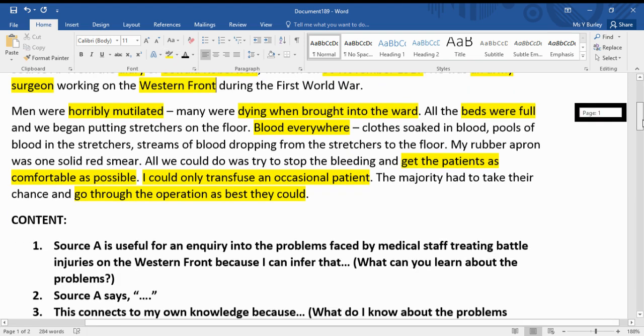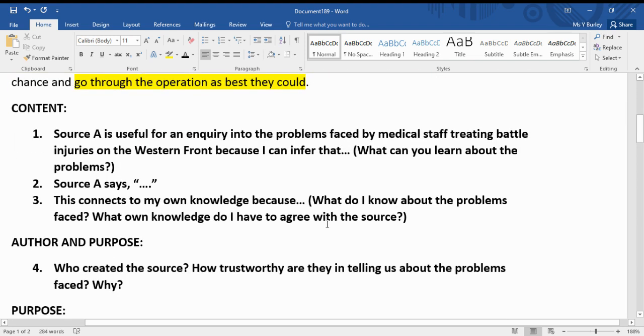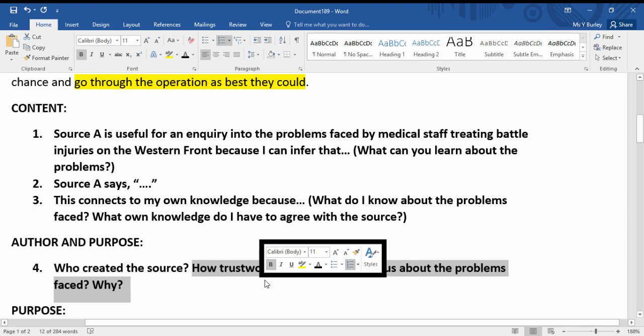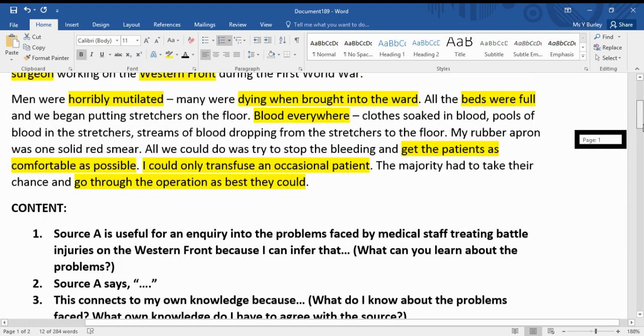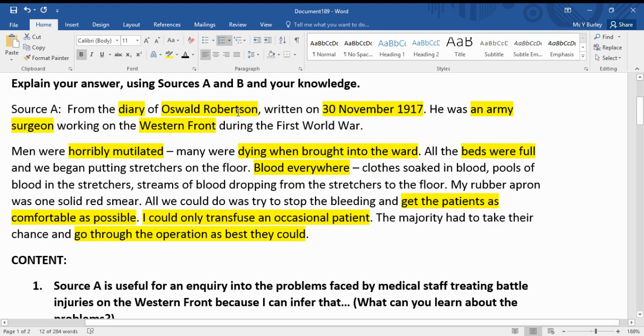So then we go down and think, who created the source? Well, it's just told us the source was created by an army surgeon, and what was his name? We're going to literally write that out: the source was created by Oswald Robertson. And then you've got to think, how trustworthy is this person in telling us about the problems faced, and why? Can we rely on Oswald Robertson? If we think that he is a reliable, trustworthy source, then why?